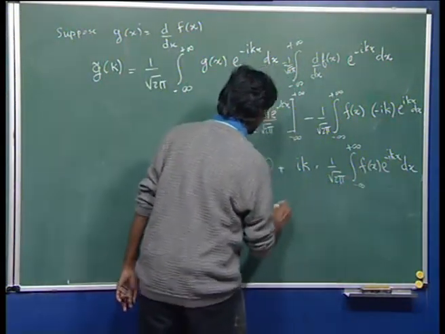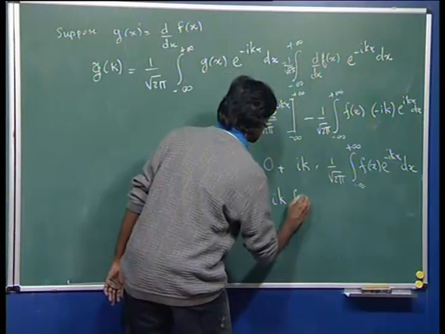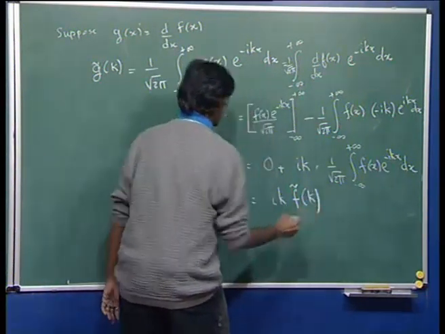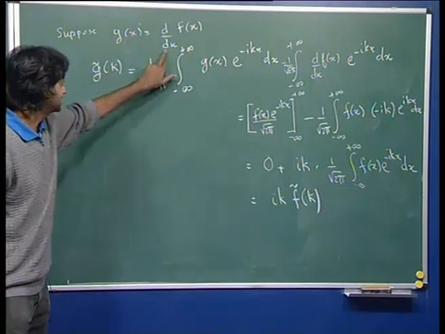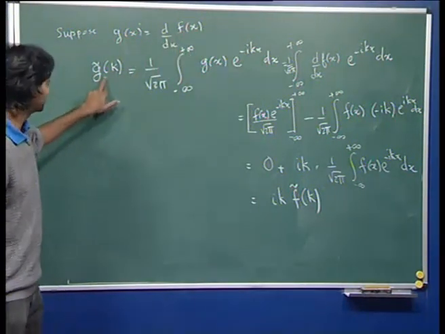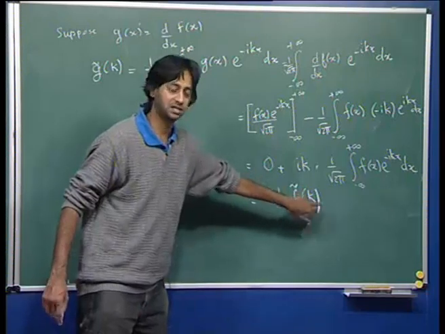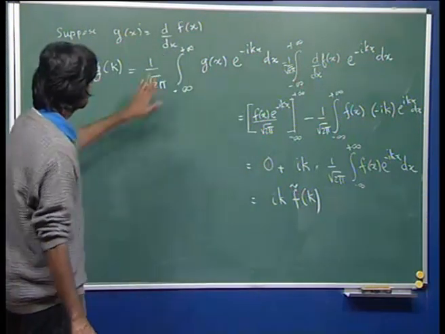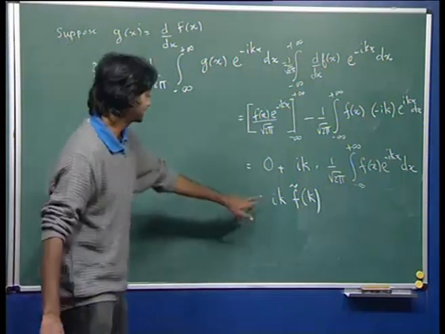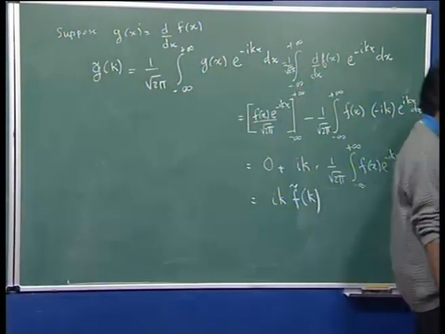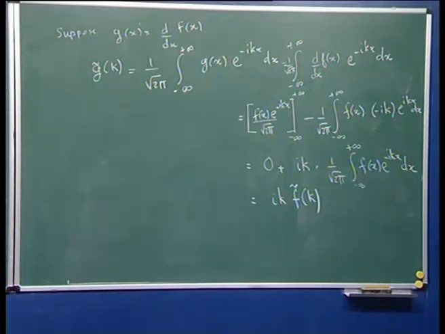Notice this is just f tilde of k. So, what it means is that if g of x is d by dx of f of x, then g tilde of k is i k f tilde of k. So, the Fourier transform of d by dx of f of x is i k f tilde of k. This is the first property, and you can extend this.